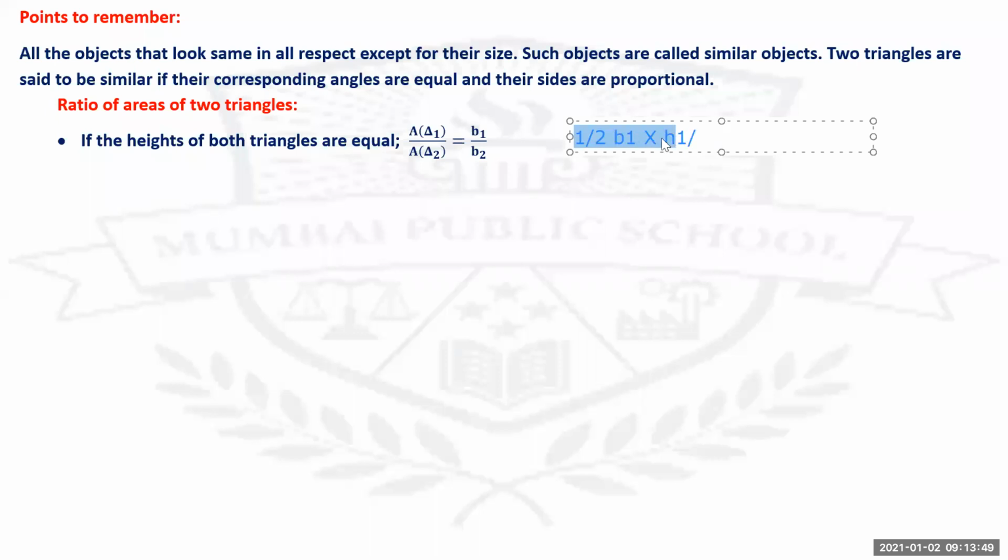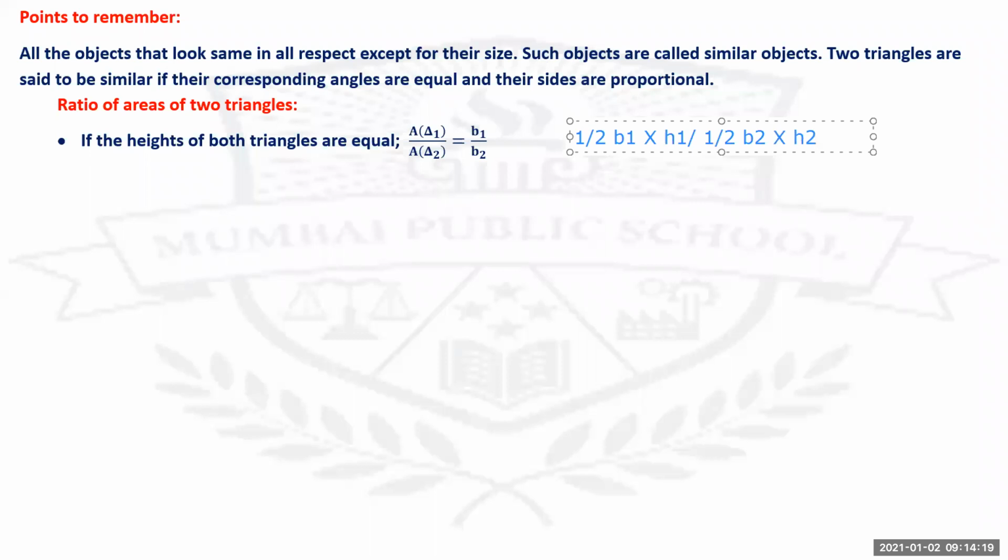What is the area of a triangle? Area of triangle is half base into height. Now check, for triangle 2, you take this as B2 and H2. But what is given here? If the heights of both the triangles are equal, that means H1 equals H2.